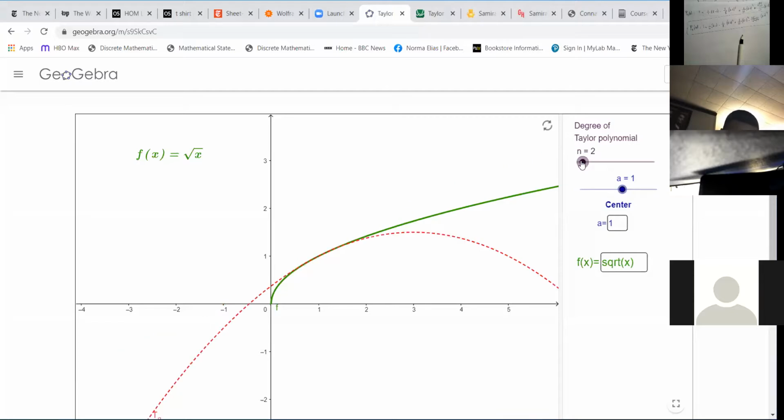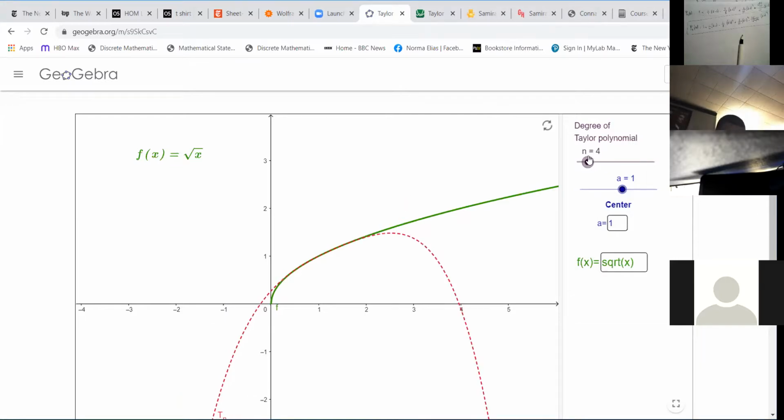The 2nd degree is the parabola, which looks closer to the function. The 3rd degree is a polynomial of degree 3, so it's not a parabola anymore. We know degree 3 looks like this S shape. So it's not really a parabola, but it should be closer to the function. Now with degree 4, we get even closer and closer to the function.